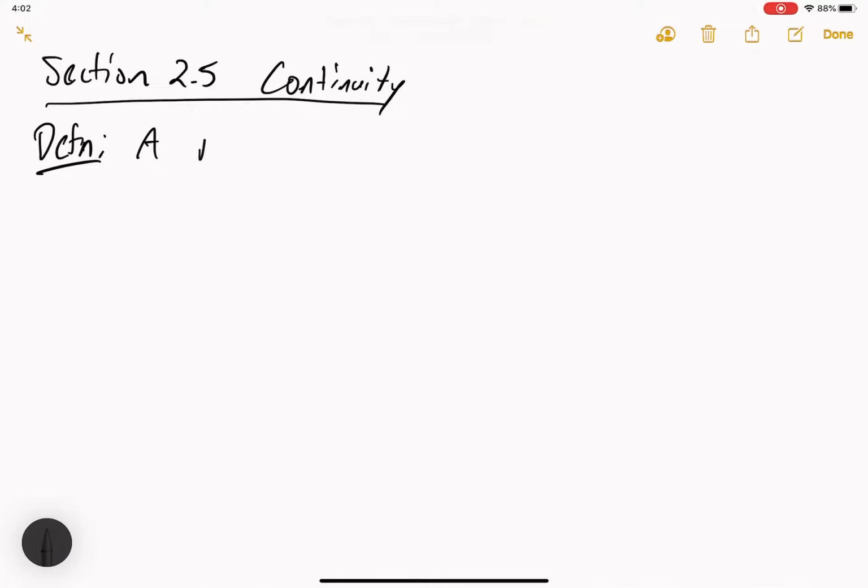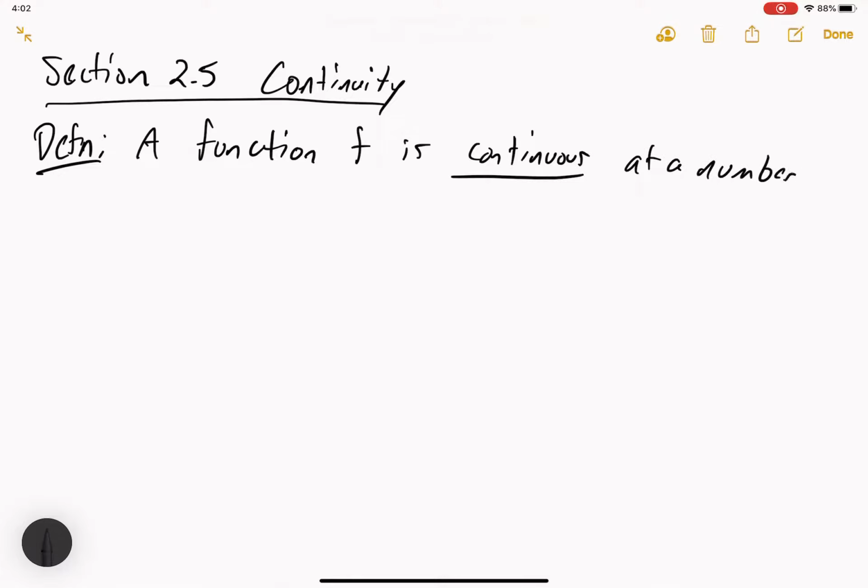Say a function f is continuous at a number a if the following happens: the limit as x goes to a of f of x is equal to f of a. In this case, we say the function is continuous.